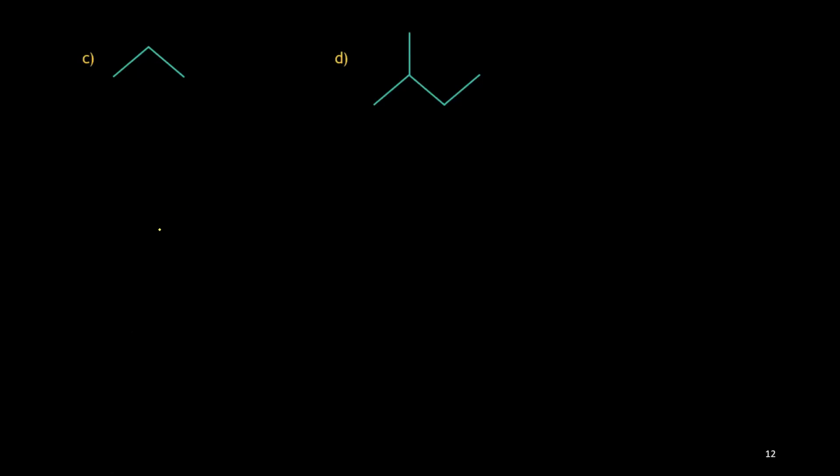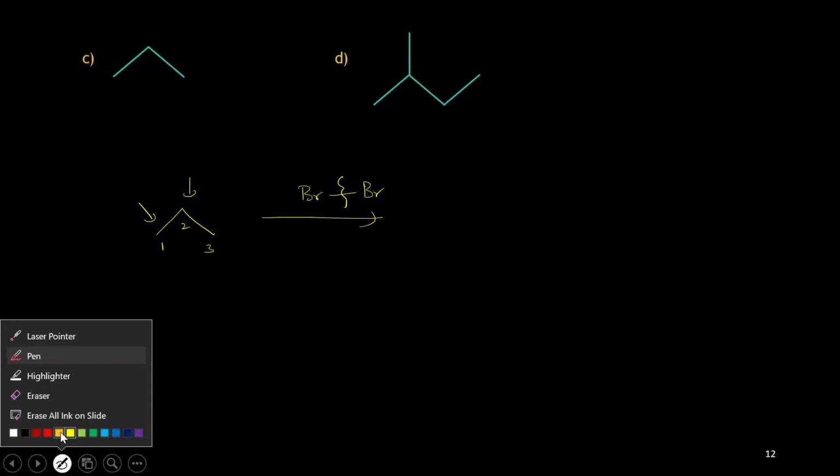So C will be, upon reacting with the bromine, we break the bond and 1 bromine should attach. So what options do we have? So now this is 1, 2, 3. I can attach my bromine on 1, or I can attach my bromine on 2.